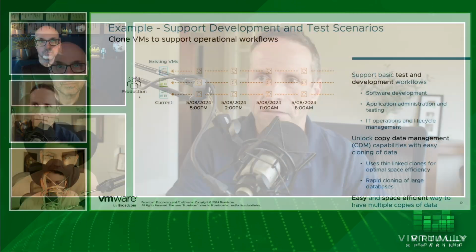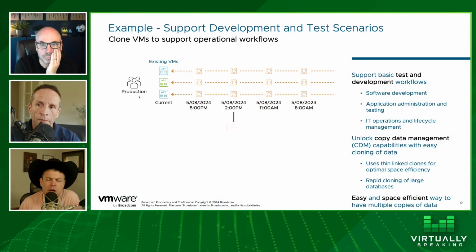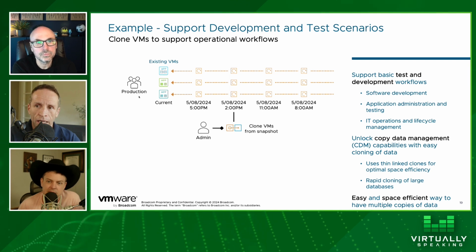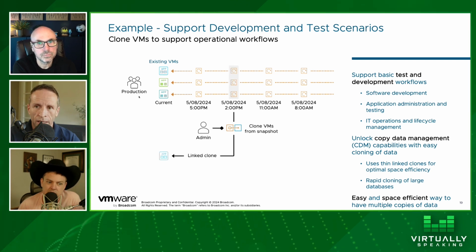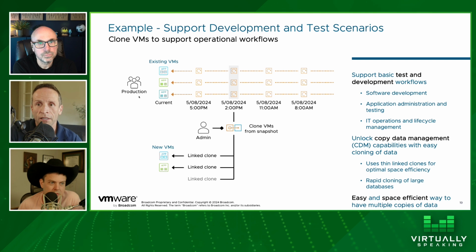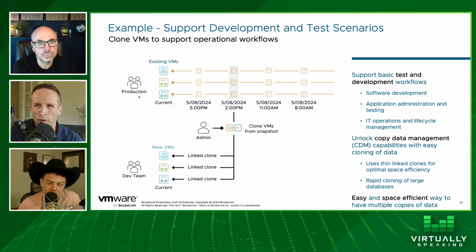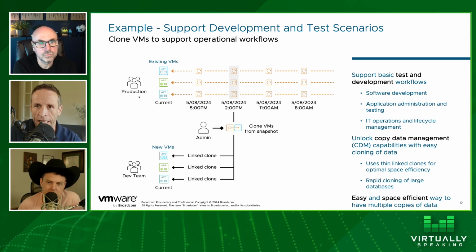Yeah. So in the past, our options were essentially recommending a copy data management solution so that the customer could say, oh, you want a copy of this VM, or the database is on a given VM, so that you can run some sort of validation scenario against the latest build, whatever the case may be. Now the cloning capability within vSAN data protection will allow you to perform this very basic copy data management arrangement.